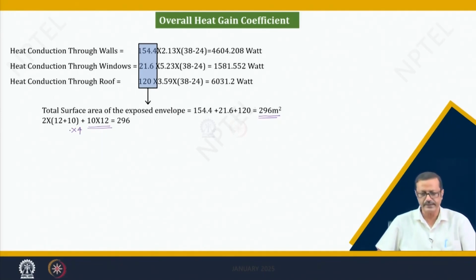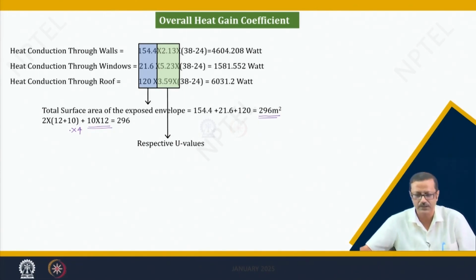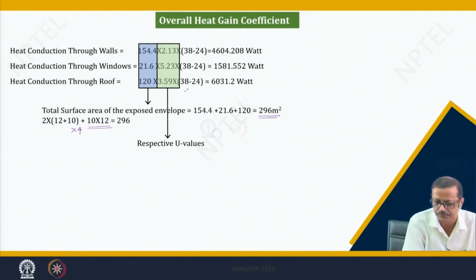Now, next layer, if you see, these are the respective U values of the different portions of your envelope: 2.31 for the wall, 5.23 for the windows, and 3.59 for the roof. And finally, this last part is your delta T part.